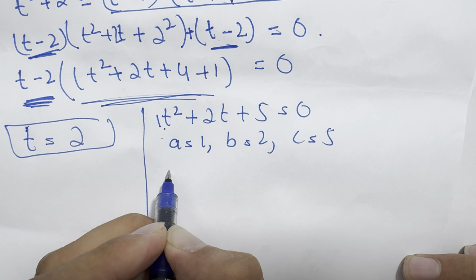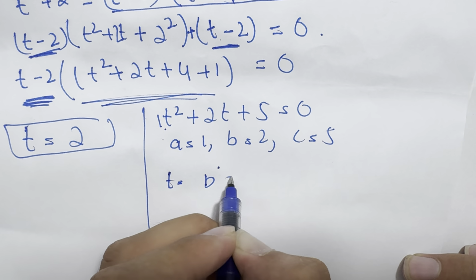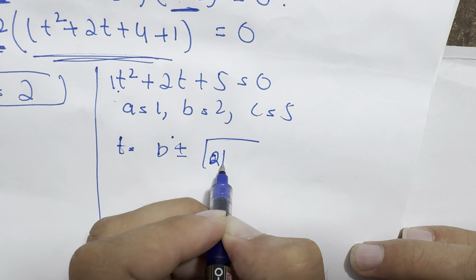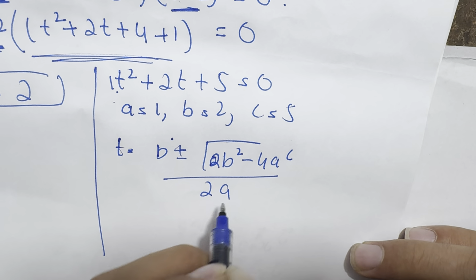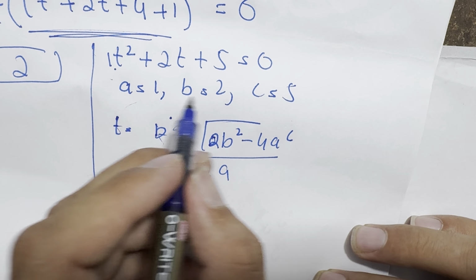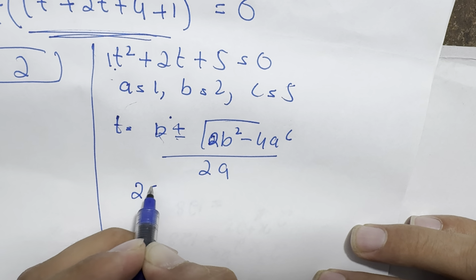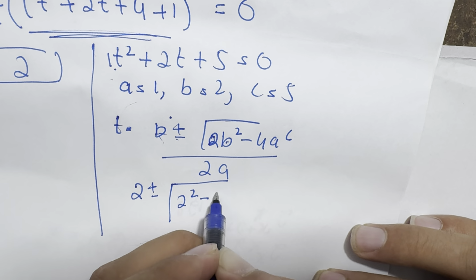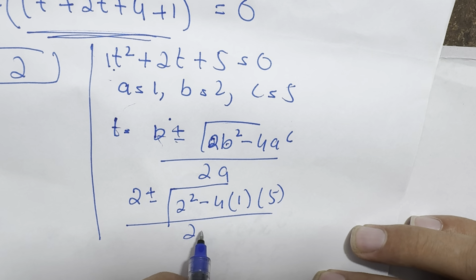So in quadratic formula, t equal to minus b plus minus under root b square minus 4ac divided by 2a. So at the places of b, c and a, we will put these values. So at place of b, minus 2 plus minus under root 2 square minus 4 into 1 into 5 divided by 2.